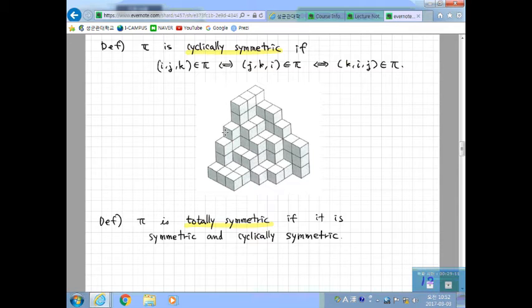You can understand this as follows: you rotate this diagram 120 degrees counterclockwise or clockwise, then you get the same picture. You can think of this as the definition of a cyclically symmetric plane partition as well. If this box is there, this box must be there, this box must be there, etc. It's a beautiful picture.